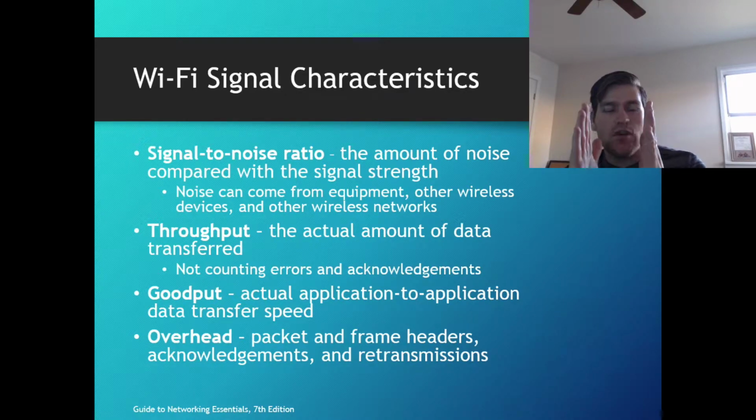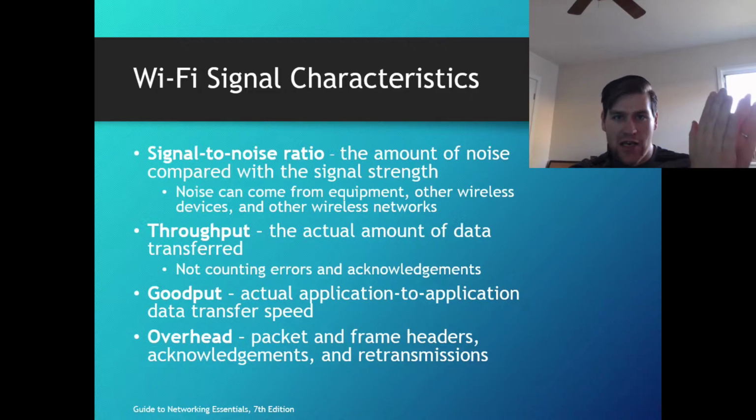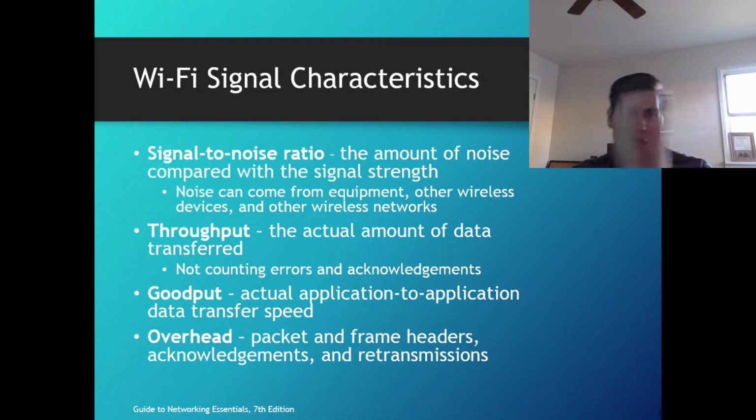That would mean your data portion is going to be a maximum of about 1452 bytes long. So that would be your goodput, 1452 bytes per frame. How many of those actually get from application to application would be goodput.